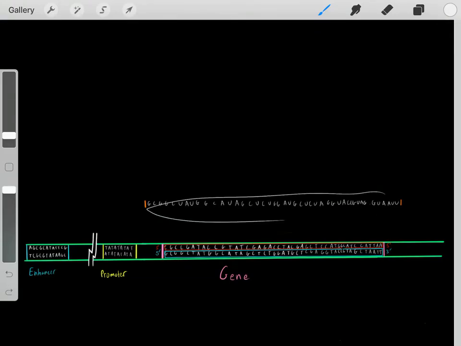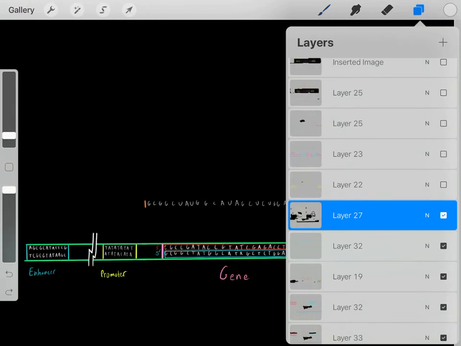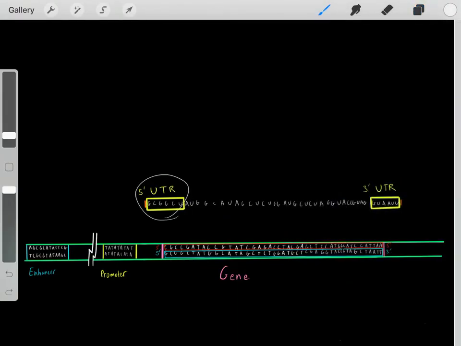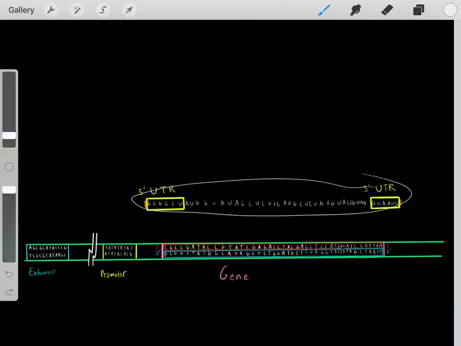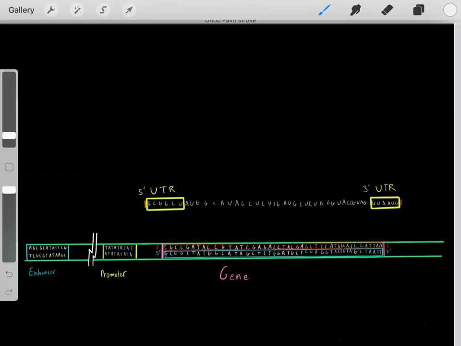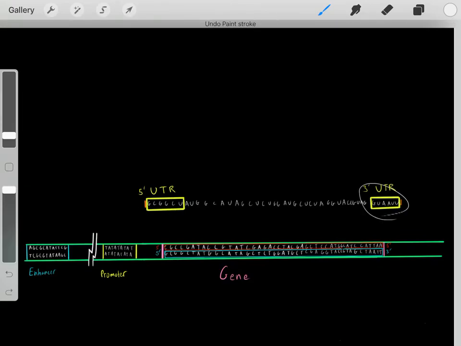So this original transcript has certain regions. For example, in the 5' region, it has a 5' untranslated region. And in the 3' end, we have a 3' untranslated region. And remember, we always make mRNA from the 5' to 3'. So again, we were adding it in this direction from 5' to 3'. So again, we have a 5' end and a 3' end.